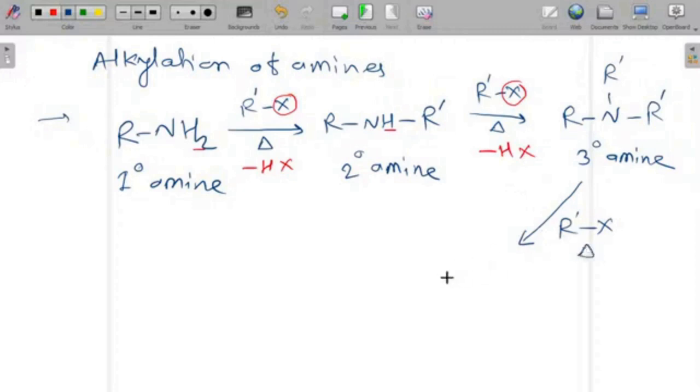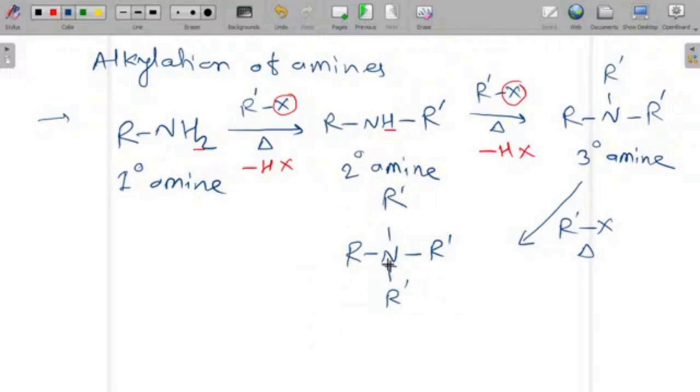Okay, this on heating produces here R, N, R dash, R dash and R dash.